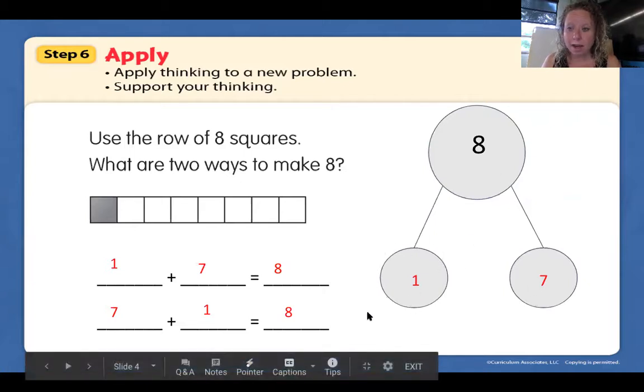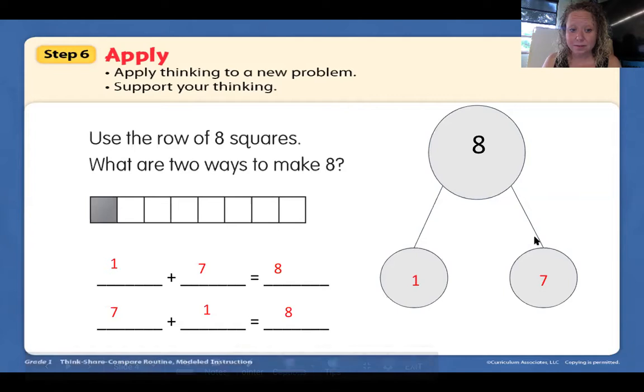There is 1 gray square. There are 7 white squares. If I put 1 and 7 together, that equals 8. If I put 7 and 1 together, that also equals 8.